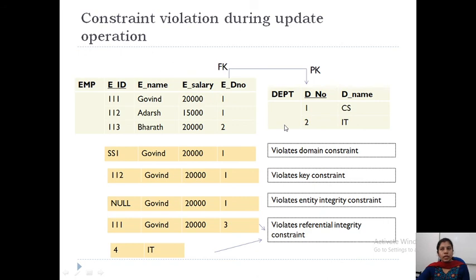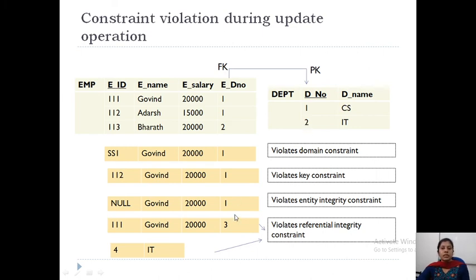So you have to make this null first and then it will be updated with 4. Otherwise it is not possible, it will violate the referential integrity constraint. I cannot change this primary key of the reference table because some tuples in another table are referencing this.